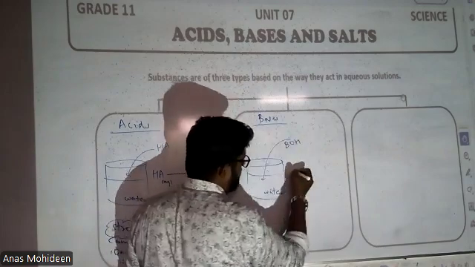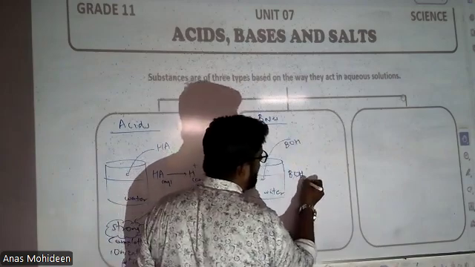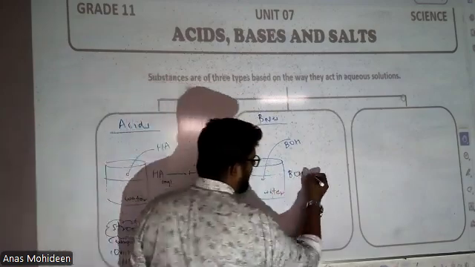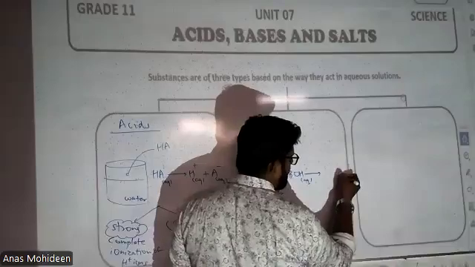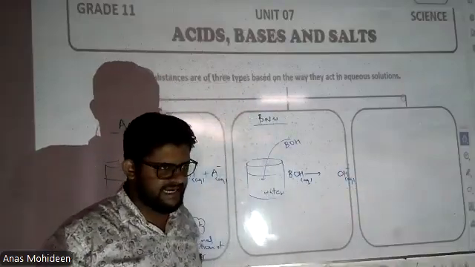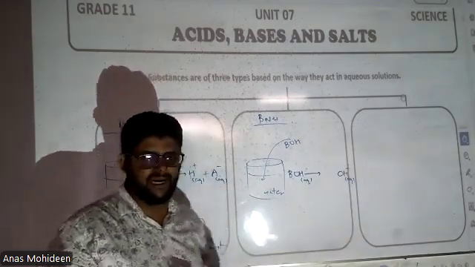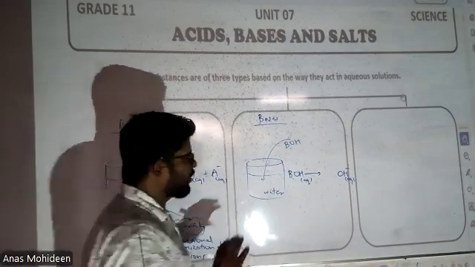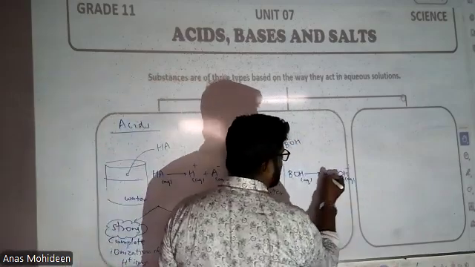Once put in water, this BOH(aq), added to water, aqueous, will be ionizing to OH minus. So the basic idea is it is releasing OH minus. Earlier it was releasing hydrogen plus. Now this is releasing OH minus. So OH minus gone out means who is the remaining?